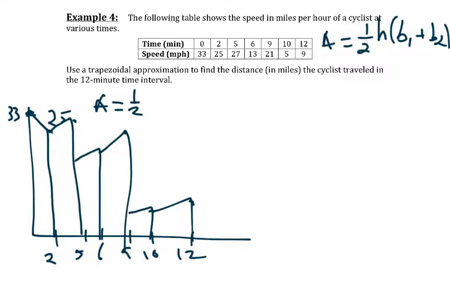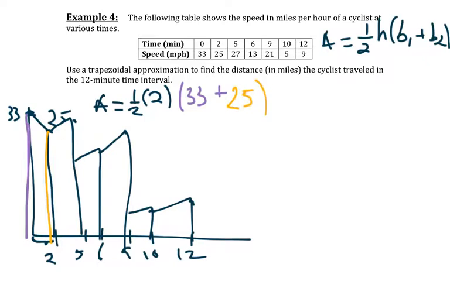So first one, notice if you look at the height, the first one is from 0 to 2, which is 2. So the first height is 2. And then base 1 and base 2. Base 1 is 33, and base 2 is the next one, which is 25. So notice the height is the change in the x values, and the base is the y values.